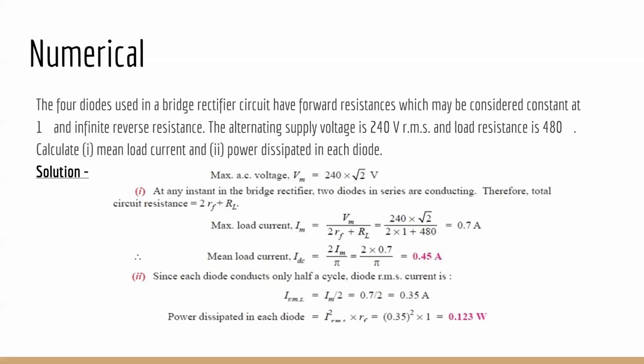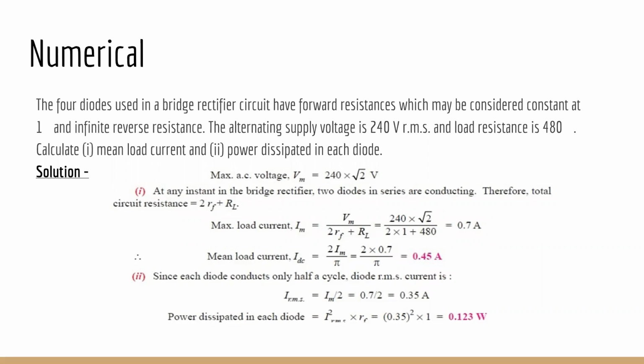Therefore, the total circuit resistance is 2Rf plus RL, where Rf is the forward resistance and RL is the load resistance. The maximum load current Im is equal to Vm by (2Rf plus RL), where Vm is the maximum AC voltage. Substituting the values, 240 into root 2 by (2 into 1 plus 480), we get 0.7 ampere.